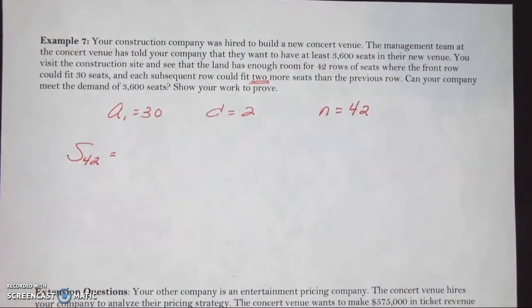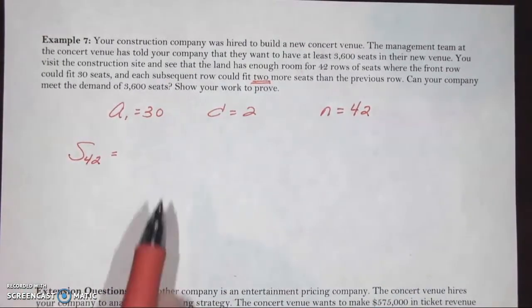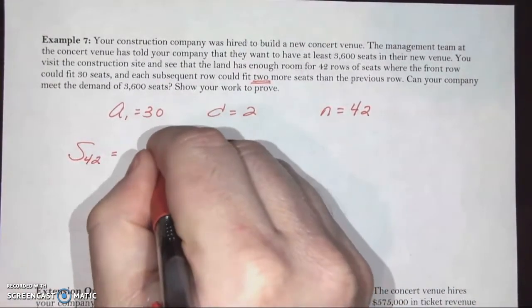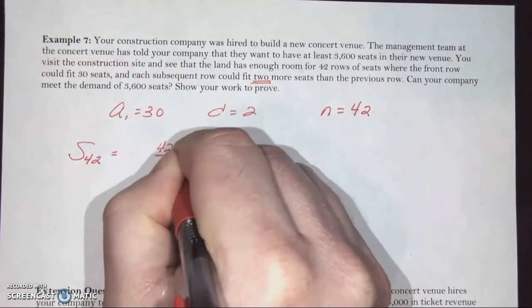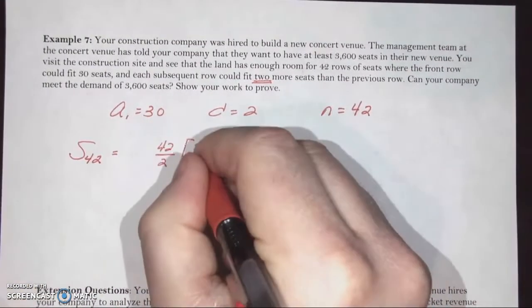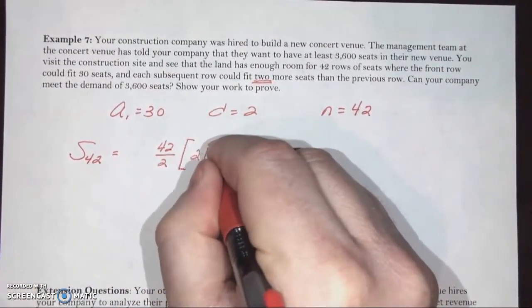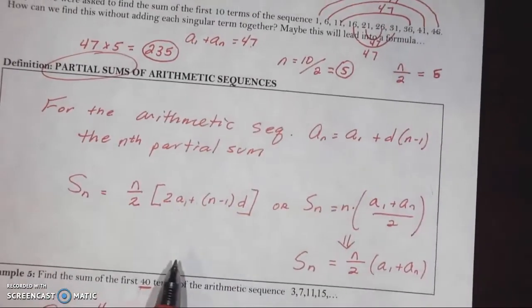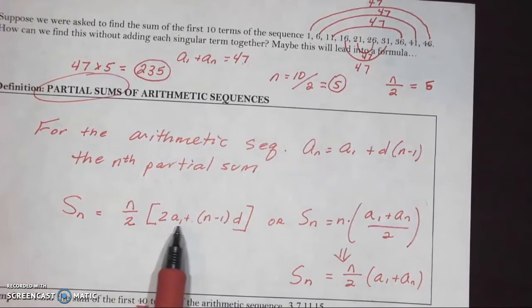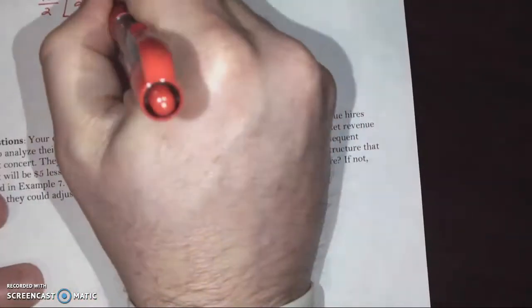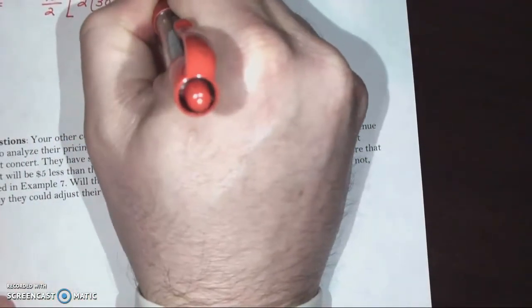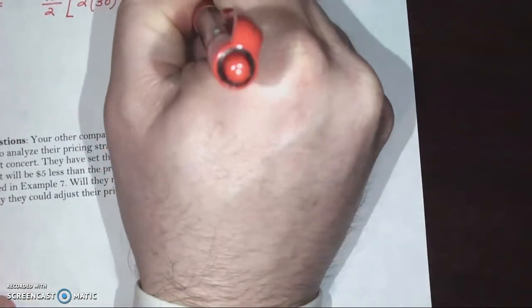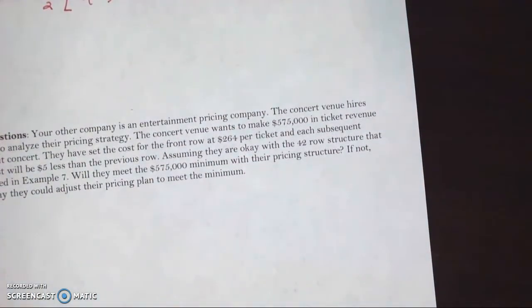So we have 42 over 2 times 2 times the first term, which is 30. It's coming straight off of our notes, straight off of this formula, plus 42 minus 1 times the common difference.